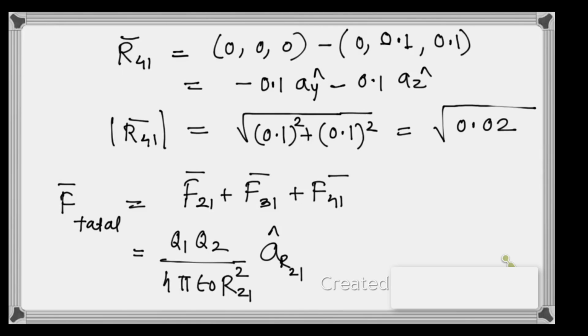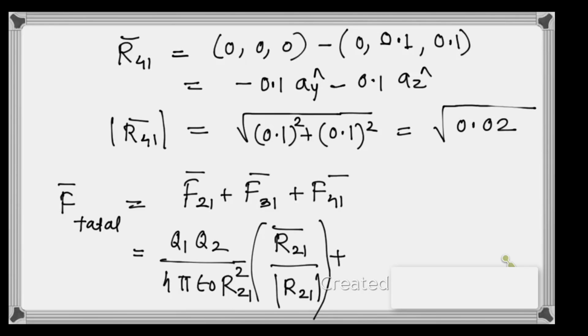So what is a cap R21? It is the vector R21 divided by its magnitude. So we can just write it directly, or we can separately find a cap R21 also. So a cap R21 is vector R21 divided by magnitude of R21 again, right.